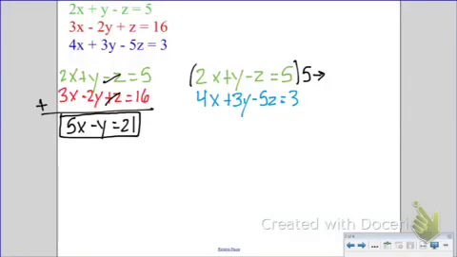So what do I get? Our new green equation is 10x plus 5y minus 5z equals 25. And let's rewrite the blue one so that it's stacked ready for elimination.